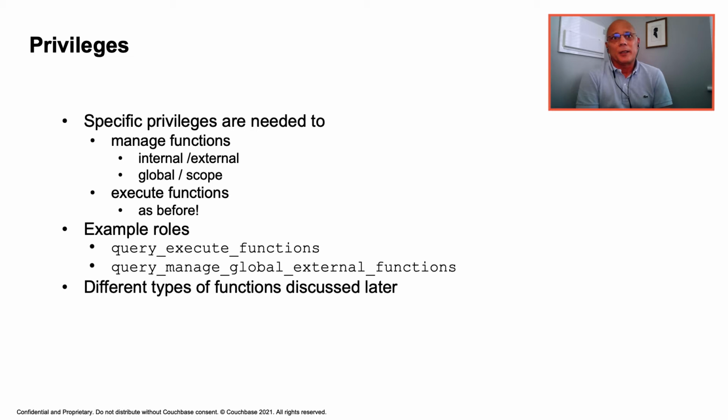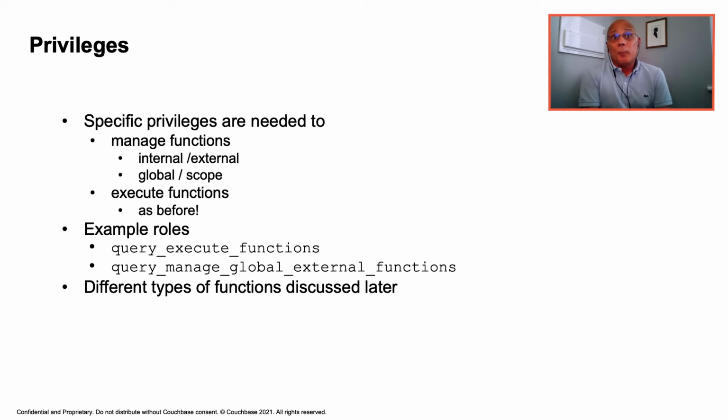So there's a whole number of privileges that you can find in the documentation. I'll give you a couple of roles to execute and manage functions. So one would be, for instance, query execute functions, and that allows you to execute functions in a specific scope, or much more complicated, query manage global external functions, and that gives you the opportunity to create JavaScript functions at the cluster level.